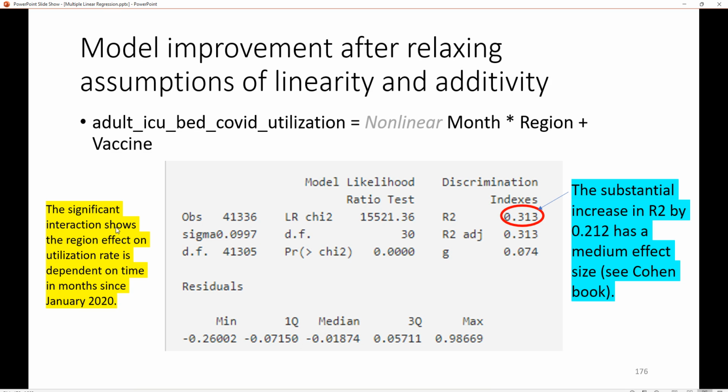And we see that the significant interaction shows the region effect on utilization rate is dependent on time, in months since January 2020. And on the top right, we see our R-square increase from 0.101 to 0.313. The substantial increase in R-square by 0.212 has a medium effect size, according to Cohen's book. So that's a big jump. It basically tripled by adding in a nonlinear and interaction term in our model.